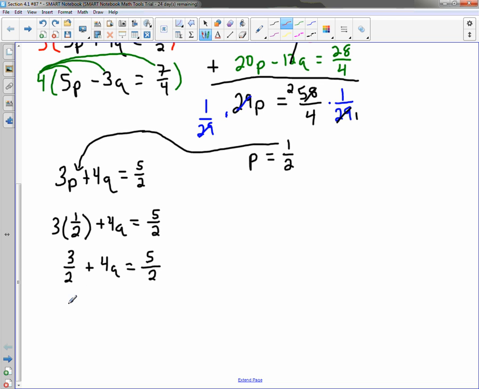We solve for q, subtract the 3/2, subtract the 3/2, and that gives me 4q equals 5 minus 3 is 2 over 2, which equals 1.